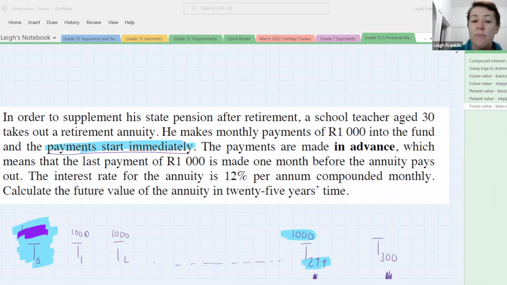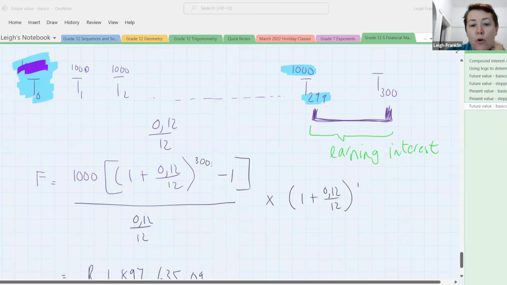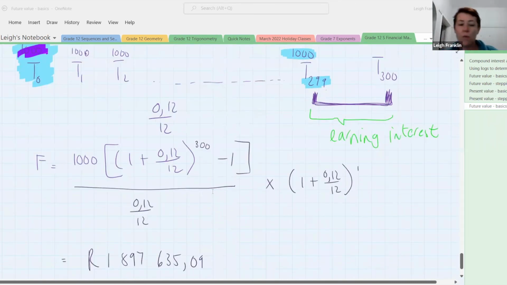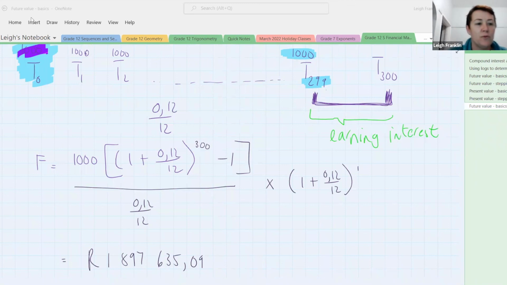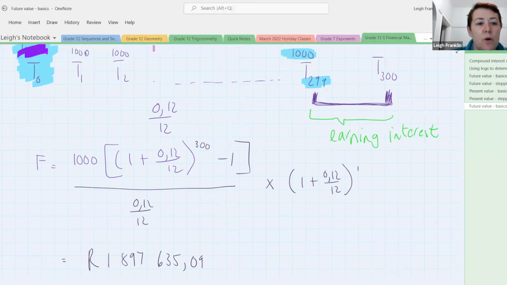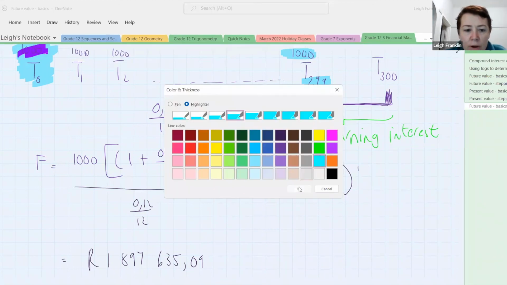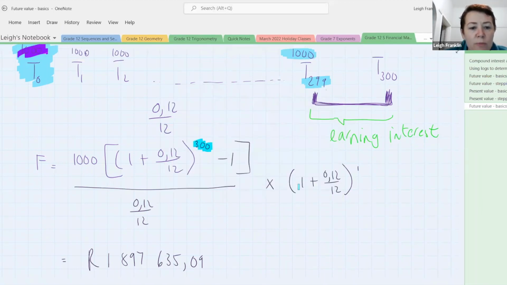Once he's made 300 payments of 1,000 Rand, it's going to sit there in his account for another month earning interest. So that's why here we say that there were 300 payments. So this over here represents the 300 payments of 1,000 Rand.